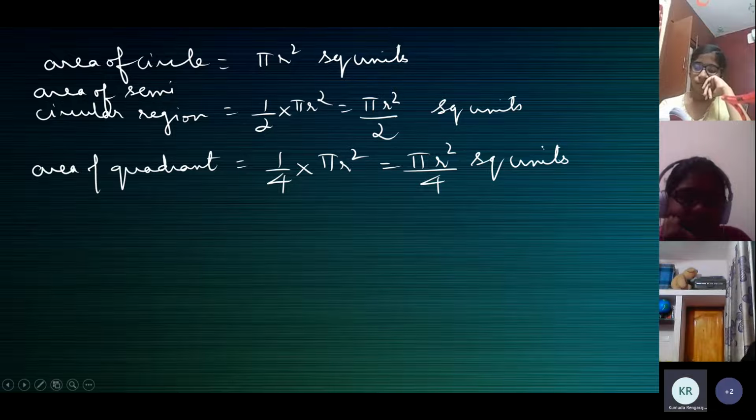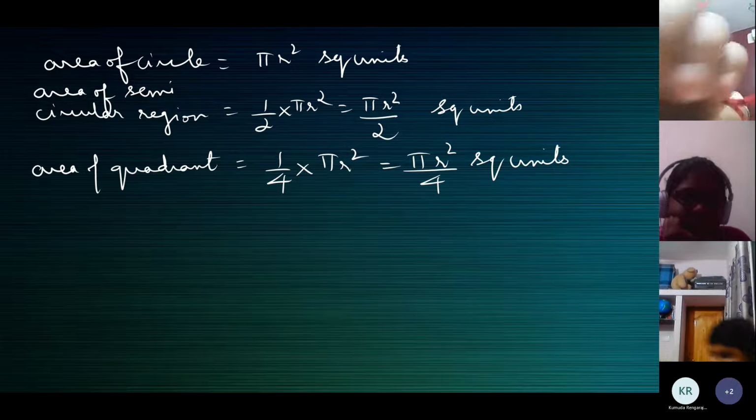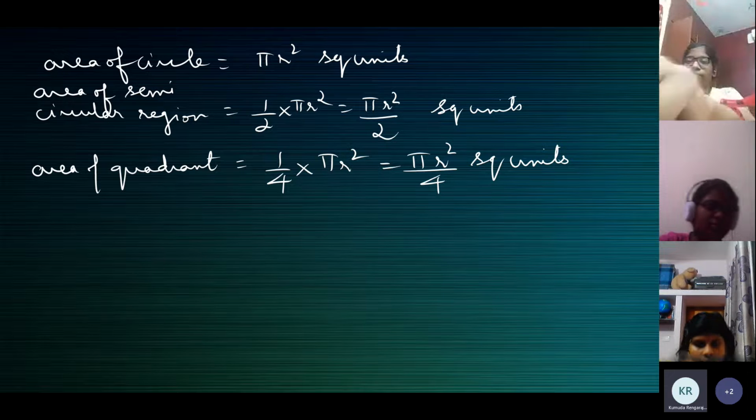Yes, children, you can make a note of this. I have already noted the area when I said the perimeter of semicircle and quadrant. Okay, if you already made a note, good.